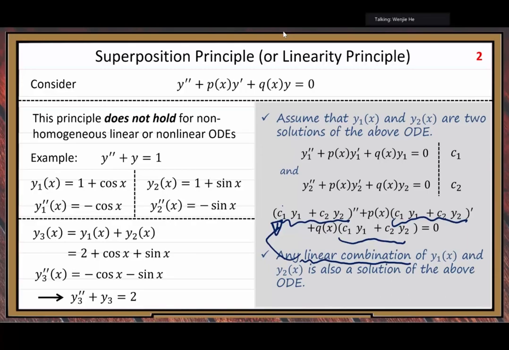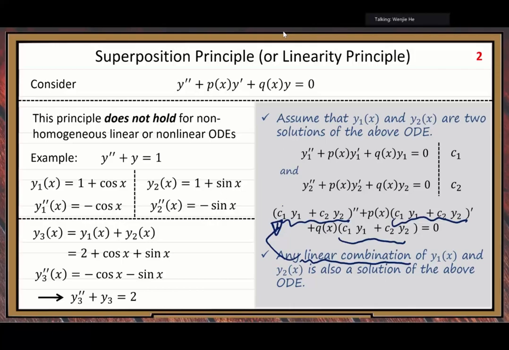Original ODE, right-hand side 1; sum of these 2 solutions, right-hand side 2. Although different, there is a possibility we can bridge the gap, right? Because they are both constant. Just the constant values are different.